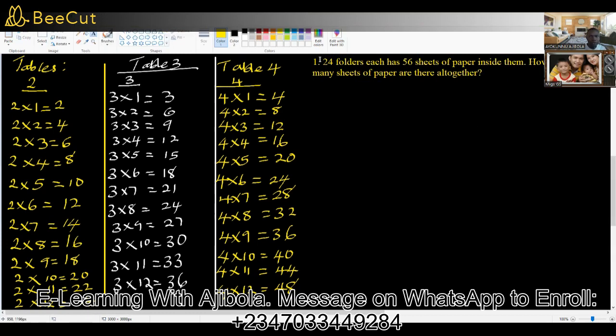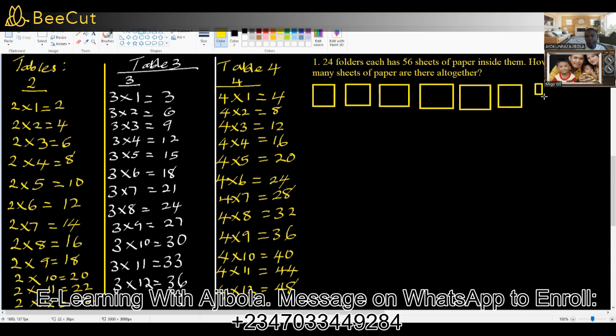Now, look at this. The question says we have 24 folders. We have how many folders? 24. So if these are the folders, I have 24 of the folders. Is that clear? Fine.